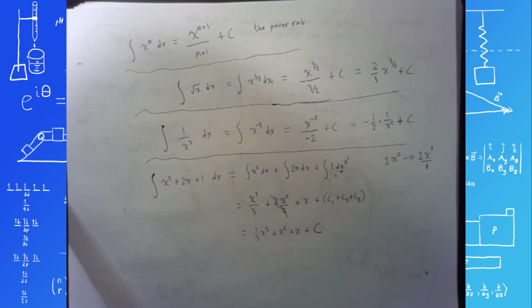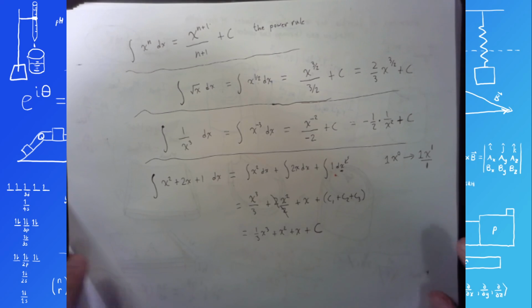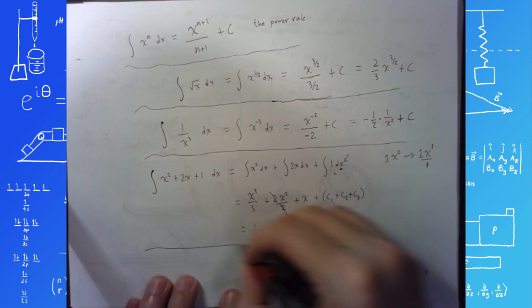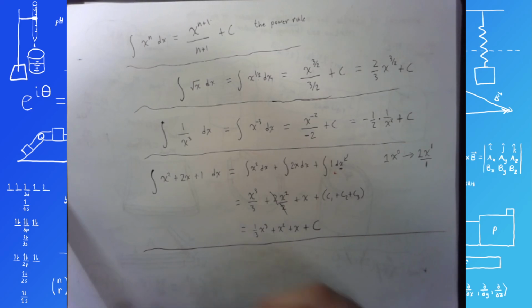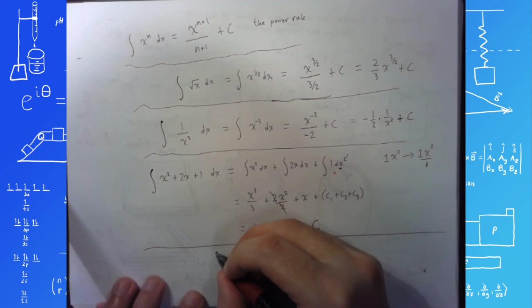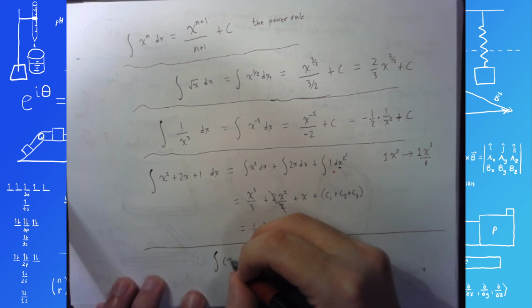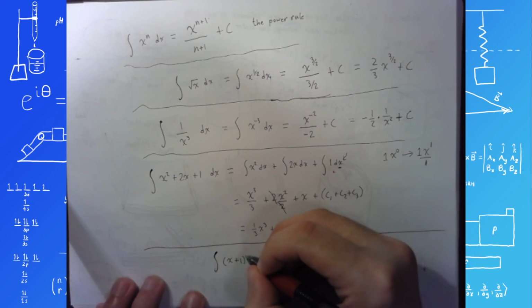Okay, so we can do a lot with the power rule. But there are going to be some things that we can't do so easily. For example, you might think at first glance that you could do something like this. Integral of x plus 1 squared.